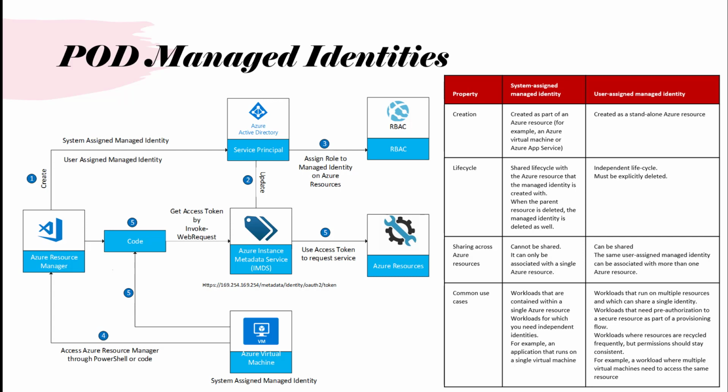Alternatively, and that's a little bit more complex, if that particular resource is not Azure Active Directory integrated, and you still want to access those resources through managed identities, you can keep their credentials in the key vault, and you can access that resource through managed identities by accessing those credentials from the key vault and passing them to the resource.